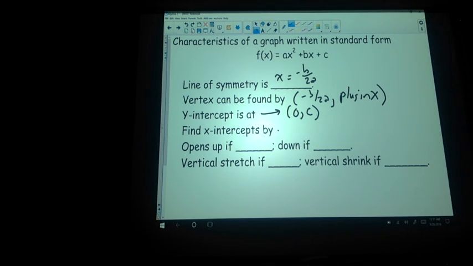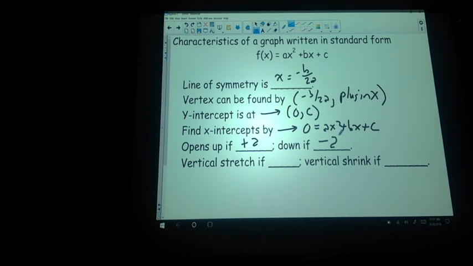The x-intercepts are when 0 is equal to ax squared plus bx plus c. So if you factor it, if you solve it by the quadratic formula, if you've graphed it and use your zoom, you can figure out where it crosses the x-axis pretty easily using the graphing calculator. If a is positive, it opens up; if a is negative, it opens down.